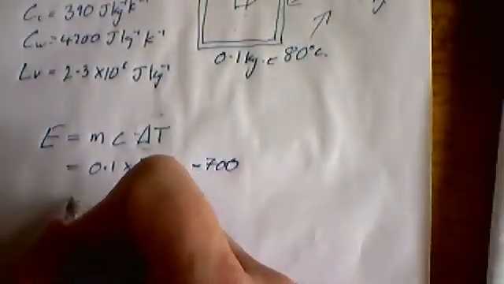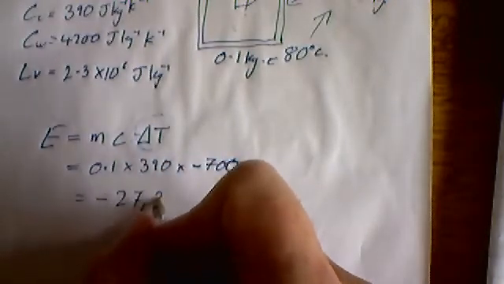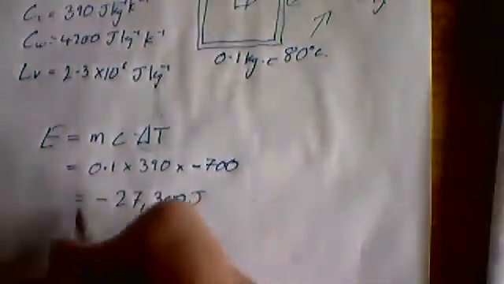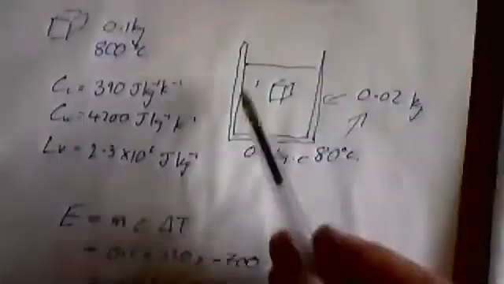So our energy is minus 27,300 joules. And like I said, it's a minus because the copper is losing energy, and the water and the copper container will gain that much energy.